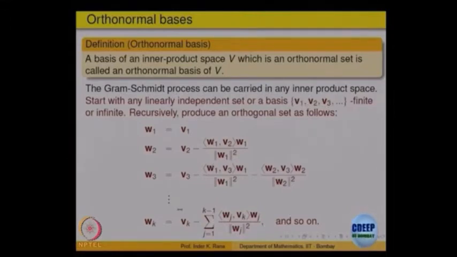For finite dimensions, that is what we have done. The same process we can carry over if there is an infinite set, because given any n minus 1 vectors defined, you can define the next one. So for any k you will get an orthonormal set which will span the same thing. But I cannot say that if I define all W1, W2, up to Wn and so on, the space spanned by them will be the same as that spanned by all the V's.